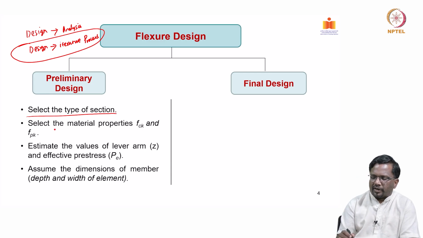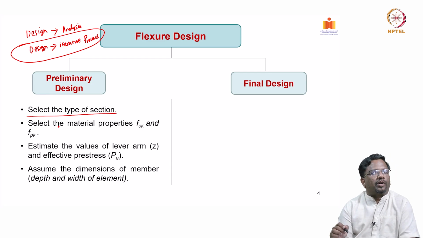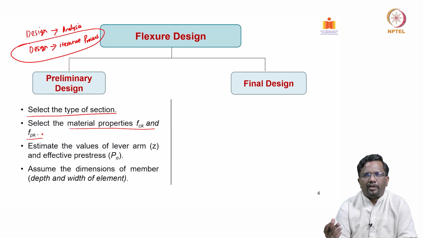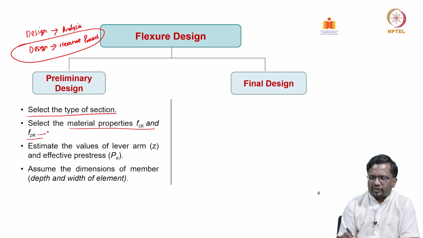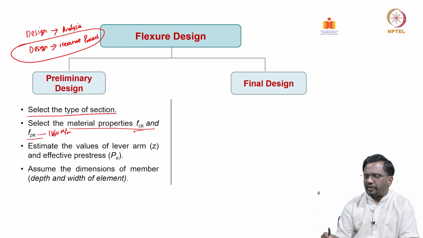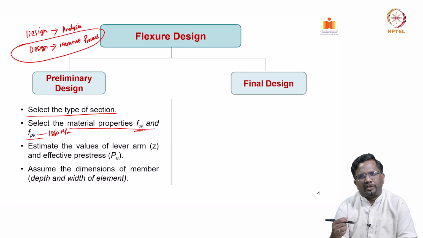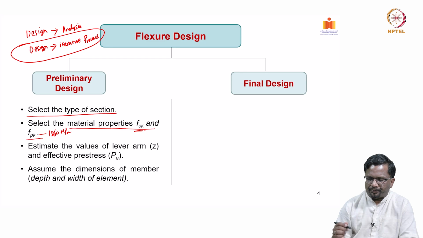In preliminary design, again we should broadly see what type of section we need to choose, and then we should select the material properties, fck. Typically that is also kind of fixed depending upon what kind of design you do. fpk is typically 1860 megapascal, as we have seen, and fck either 30, 40, 50 or 60 depending upon the nature of the project you are working on.